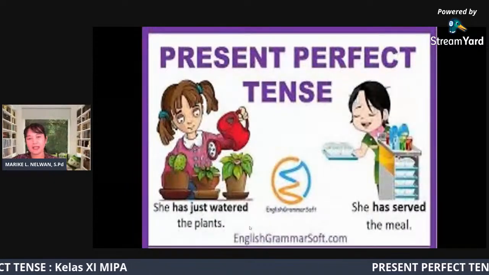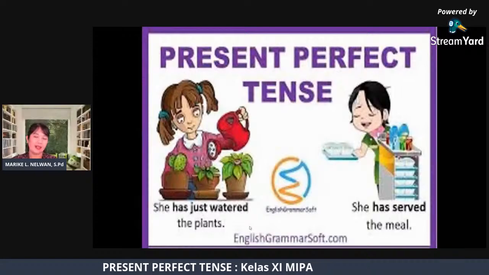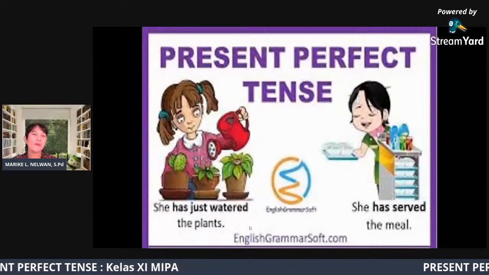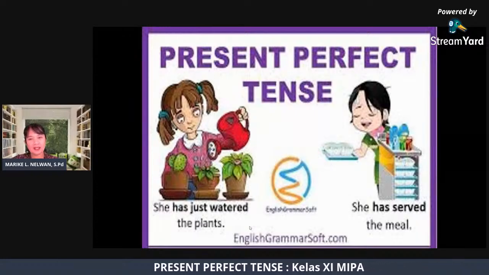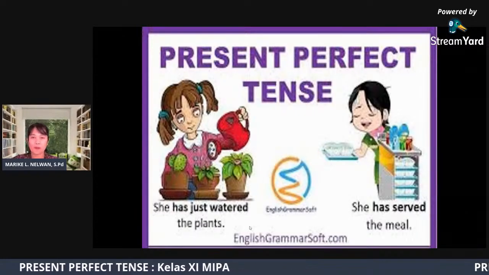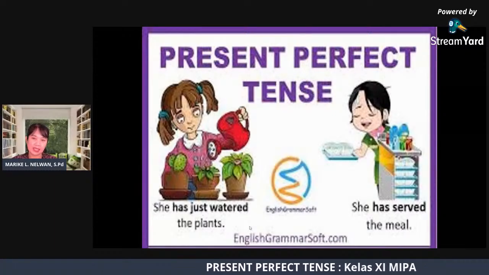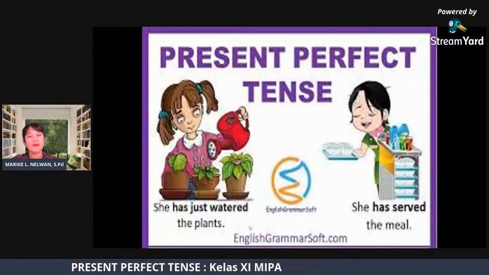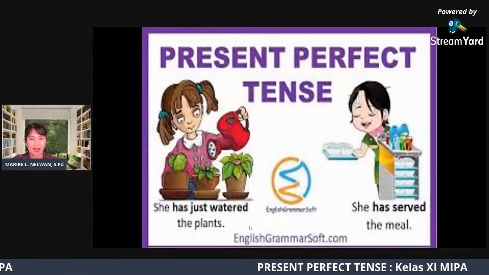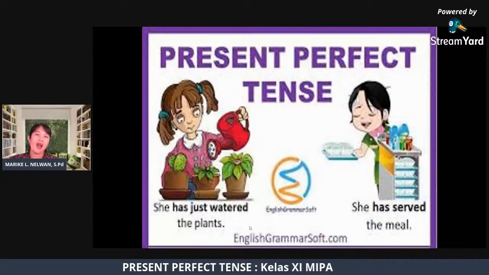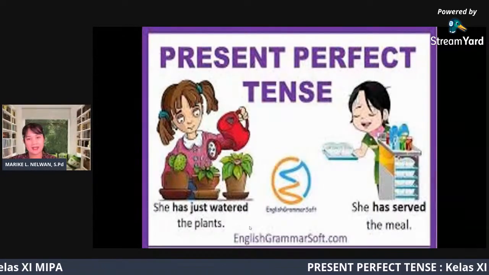Mungkin kalian ingin mengatakan, saya sudah makan pagi, atau saya sudah mengerjakan PR saya. Tetapi you find difficulties to form the sentences in English. Tetapi kalian mengalami kesulitan di dalam Anda membentuk kalimat itu di dalam bahasa Inggris. So everyone, on this occasion, I will tell you how to form the present perfect tense.